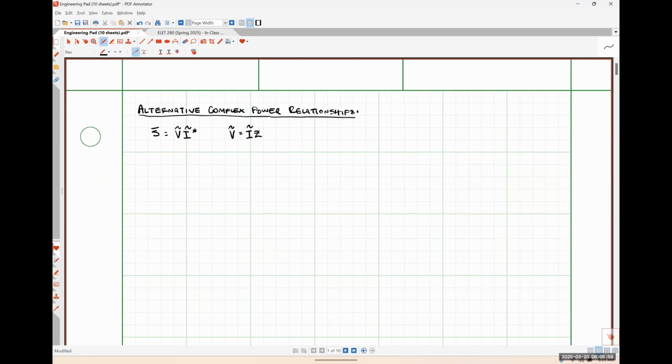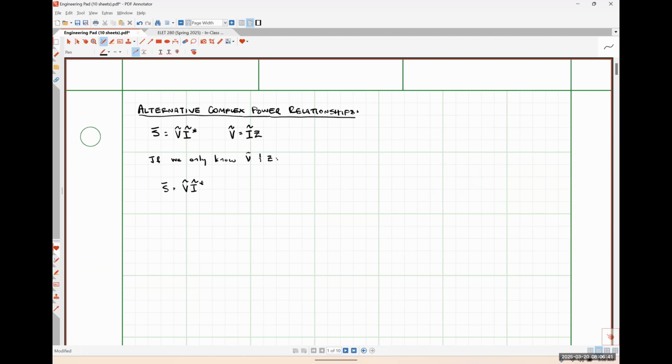So let's start with trying to put everything in terms of voltage. If we only know V and Z, okay? So we could say that our complex power S is going to start as V times I conjugate, our fundamental definition. And so if we don't know what our RMS phasor current is, but we do know what our RMS phasor voltage and our impedance is, we can rearrange Ohm's law, right?